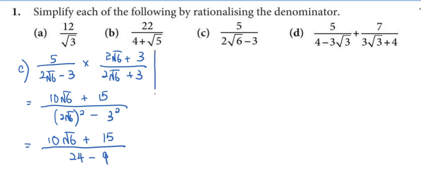Then I need to simplify further. 10 root 6 plus 15 divided by... can I leave this as a final answer? Why not? Okay, not the simplest form. Luffy says can divide by 5 on top, divide by 5 below.